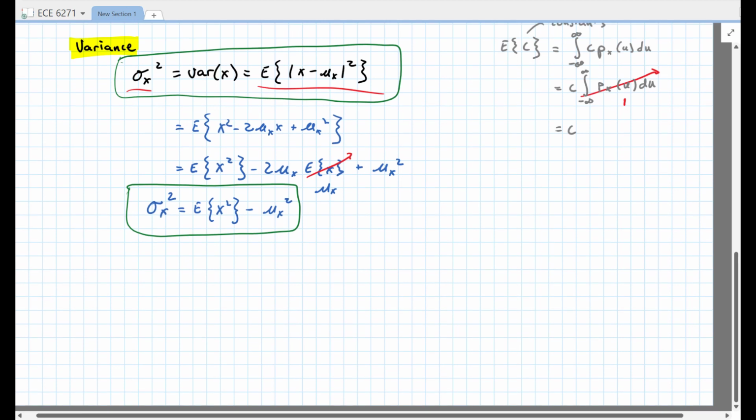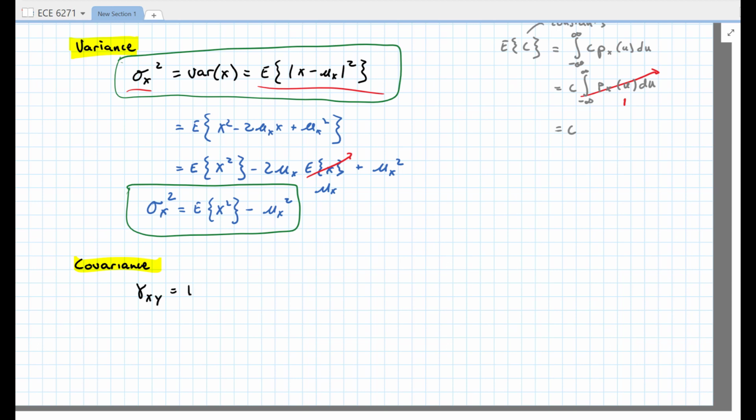Covariance is a lot like variance, except that we are, in this case, finding, it's a little harder to describe what's going on here. We are determining how two variables deviate from their means with respect to each other.